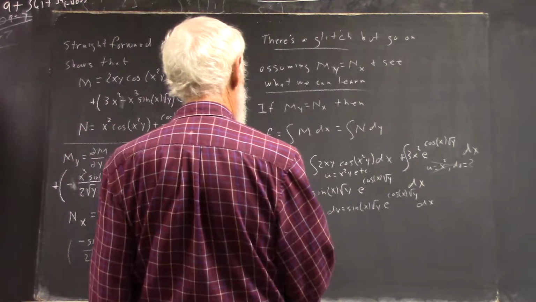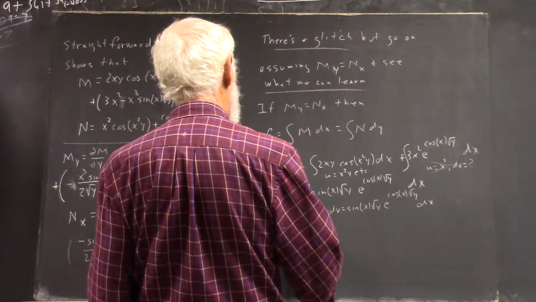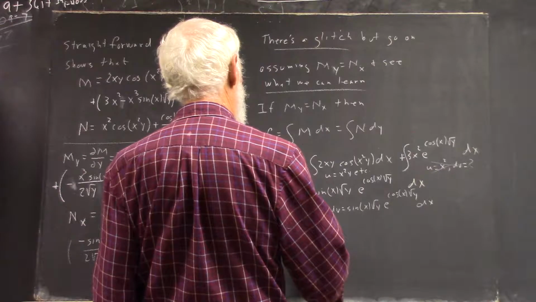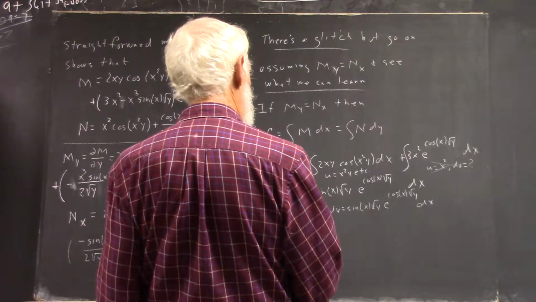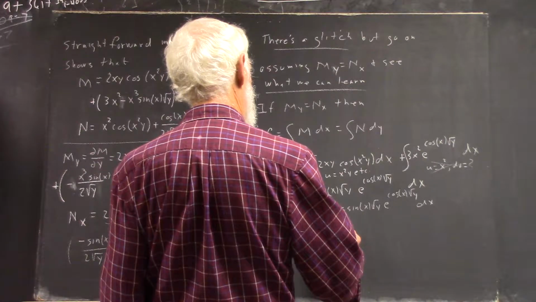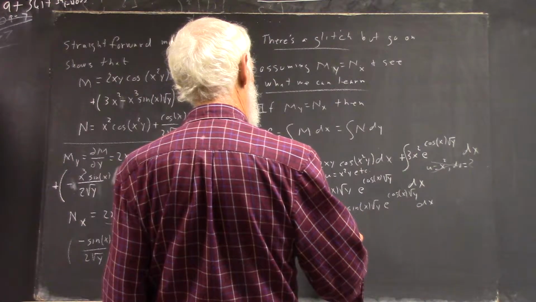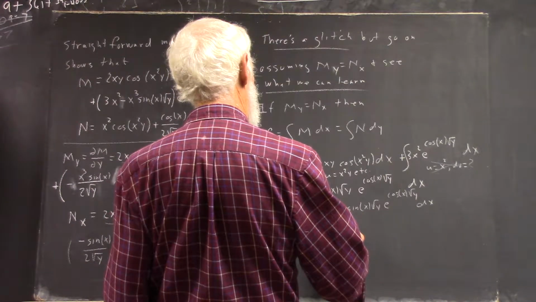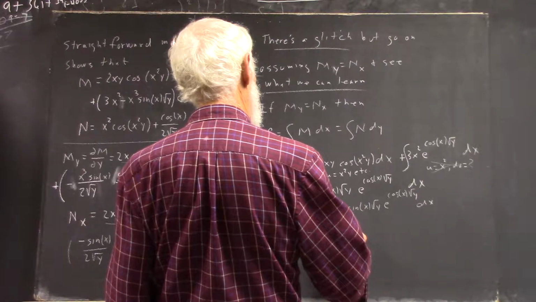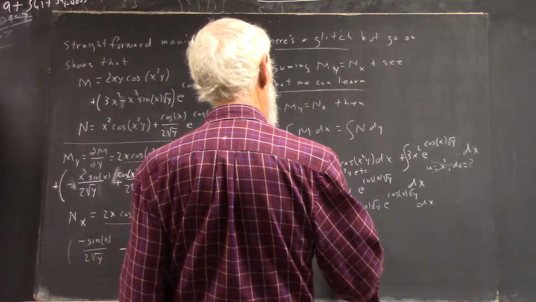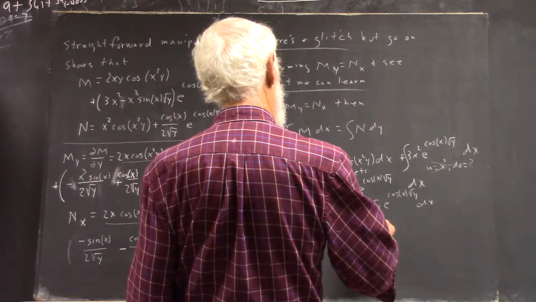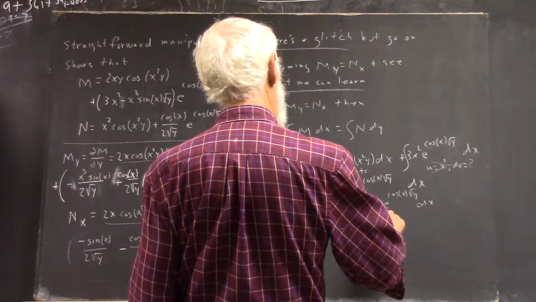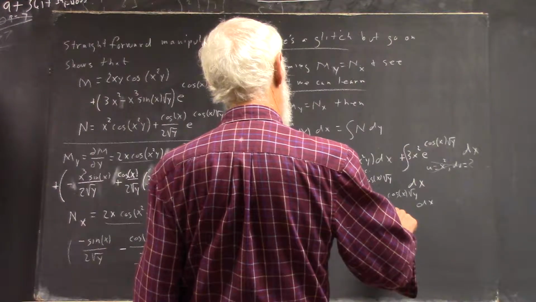So that du equals 3x squared dx and v equals just negative e to the cosine of x square root of y.